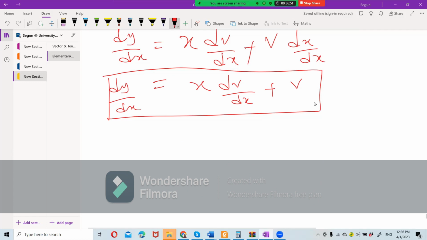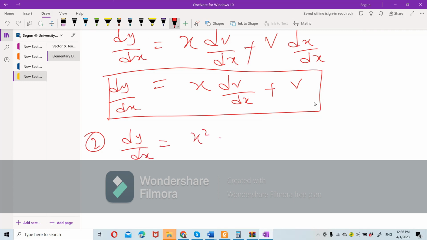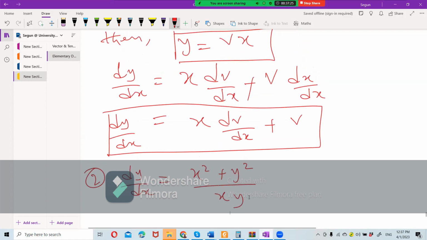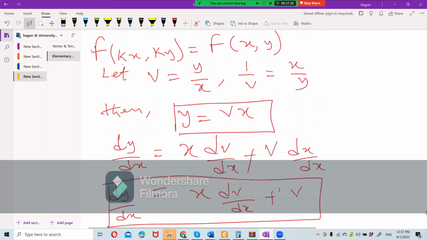So let's look at this. Example 2: dy/dx equals x squared plus y squared over xy. So how do we solve it? First thing we need to do is to make this equation look like, what's the highest power of x in this case?